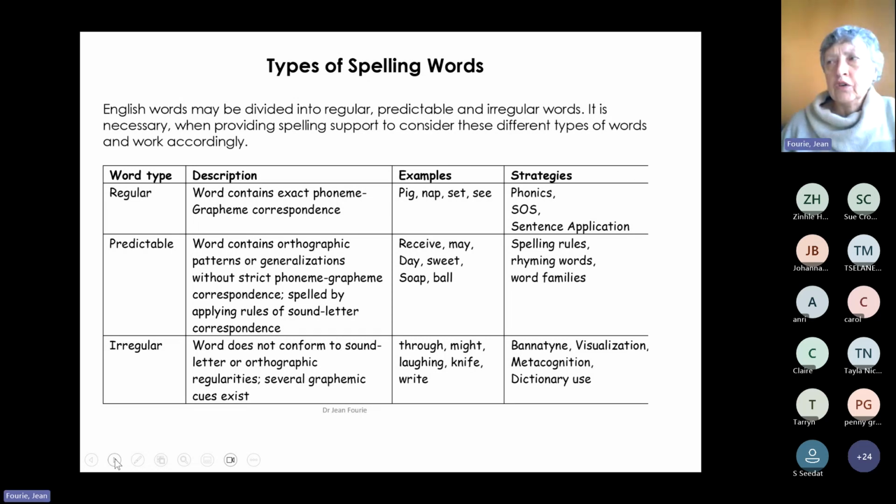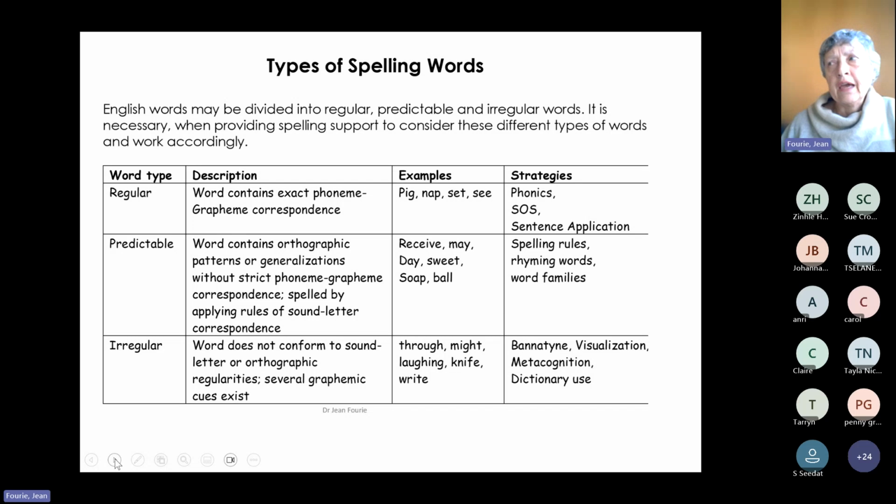And a useful thing for you to do is to analyze the type of word that the spelling errors are being made in. And we can divide English words into 3 different types of words: regular words, predictable words, and irregular words.